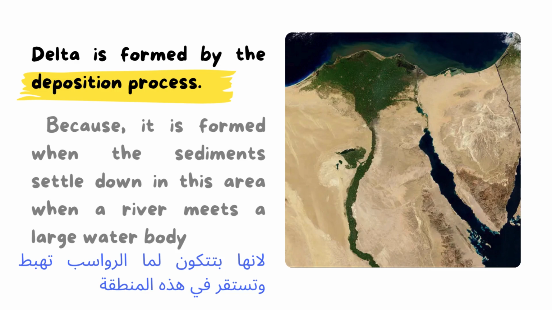Why? Because it is formed when the sediments that moved from one place settle down in this area when a river meets a large water body such as an ocean, sea or lake.